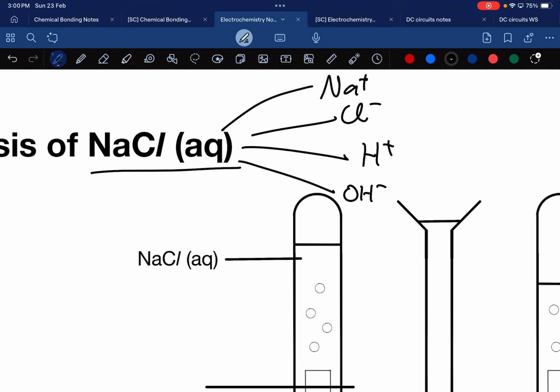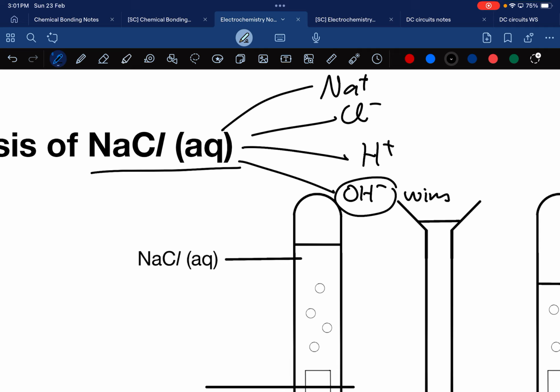Did I say it's a concentrated solution? Never say concentrated, so always assume dilute. If they never mention anything, we assume it's a dilute solution. And if it is dilute, that means this one wins. If it's concentrated, your chloride will win.